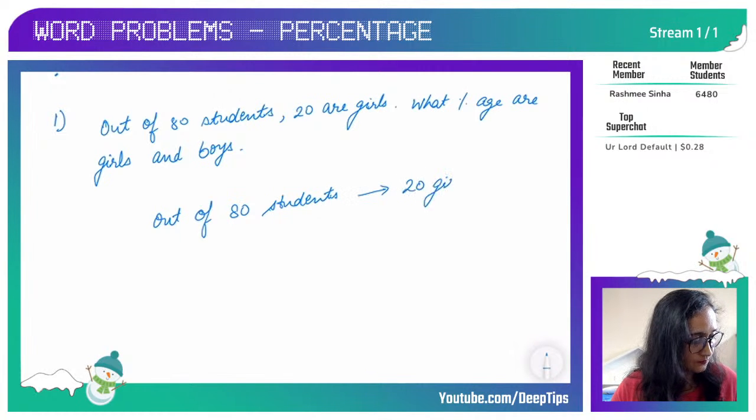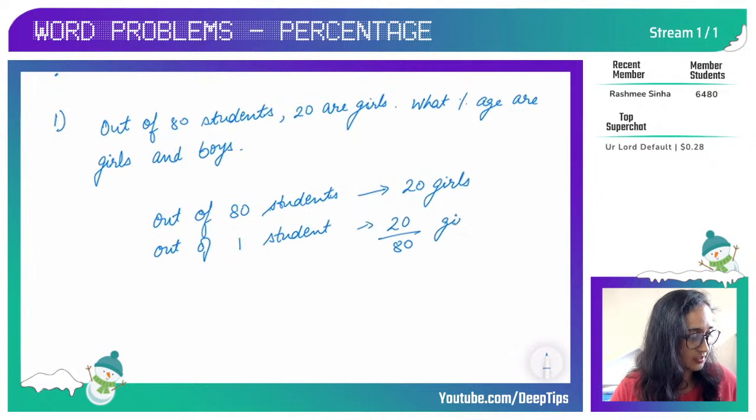20 girls, correct? Now, unitary method means it has the word unit in it. Unit means for every one. So if I have only one student, I can write that out of every one student I have 20 upon 80 girls, right, in fractions.